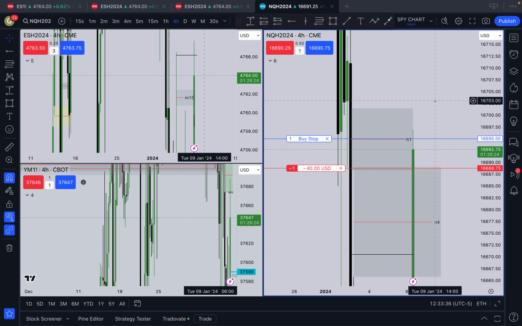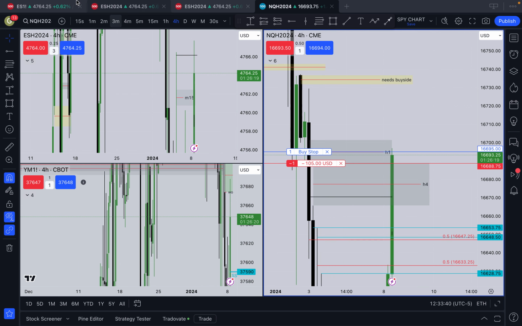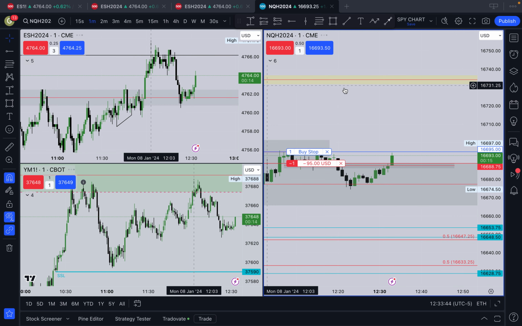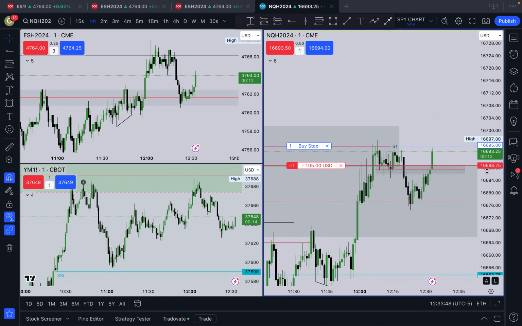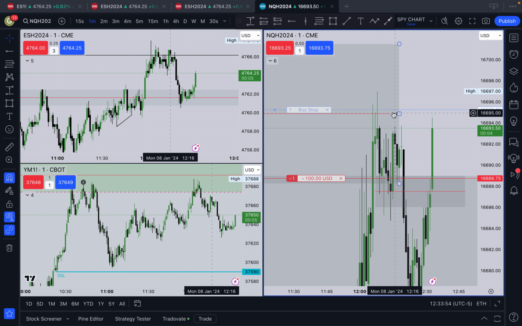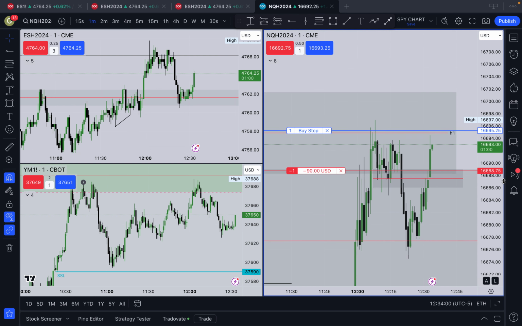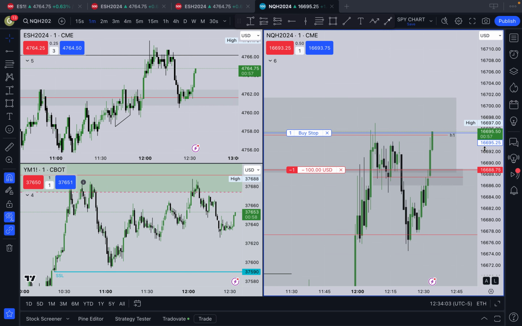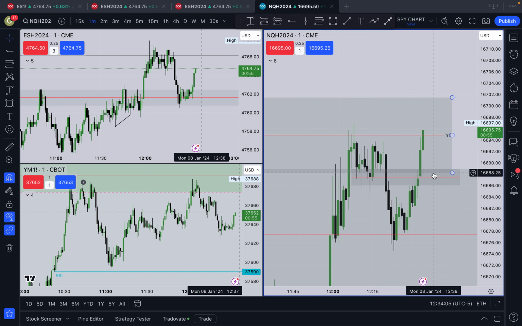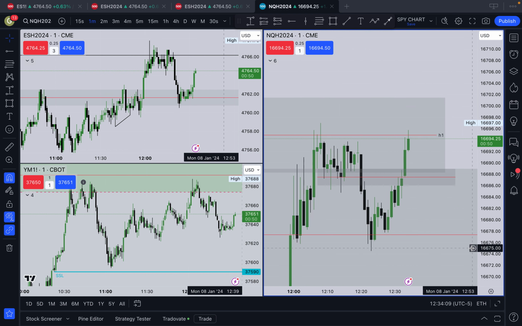We may want to touch this high end. So the midpoint here is kind of my last defense on that H1, although it's not looking pretty. There you go, stopped. Good management on that trade.